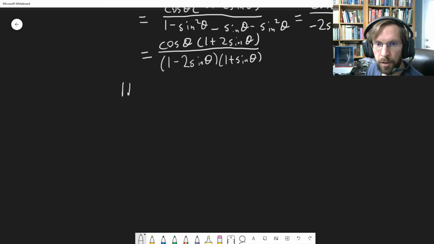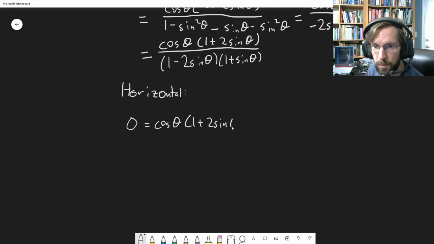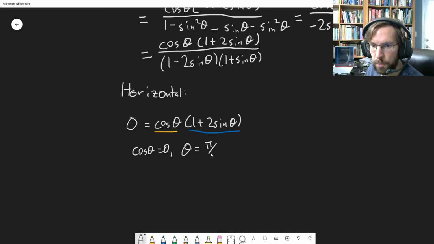Okay, so let's focus now on the horizontal tangent lines. We'll have horizontal tangent lines when the numerator is 0. So 0 equals cosine theta times 1 plus 2 sine theta. Okay, so a product of things equaling 0 means that either cosine theta is 0 or 1 plus 2 sine theta is 0. Okay, so if cosine theta equals 0, that means theta is going to be pi over 2 or 3 pi over 2.